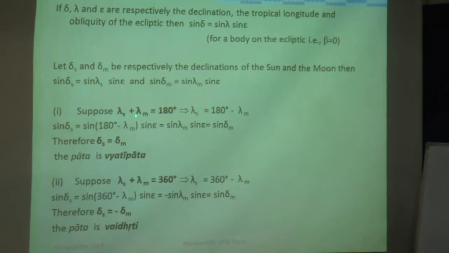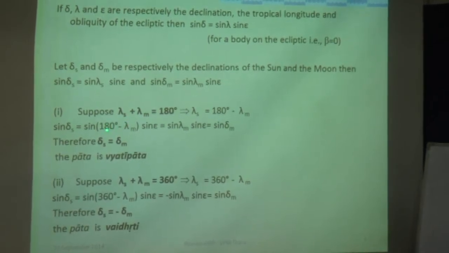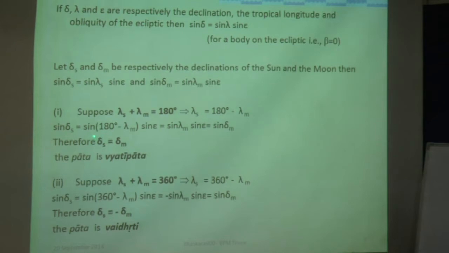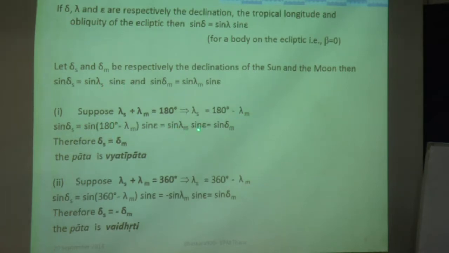For the Vyatipata, in the first approximation the sum of the tropical longitudes of both sun and moon should be either 180 degrees or 360 degrees. If lambda S plus lambda M equals 180 degrees, then lambda S is 180 minus lambda M. Substituting this value gives sine lambda M into sine epsilon, which equals sine delta M. So sine delta S equals sine delta M.